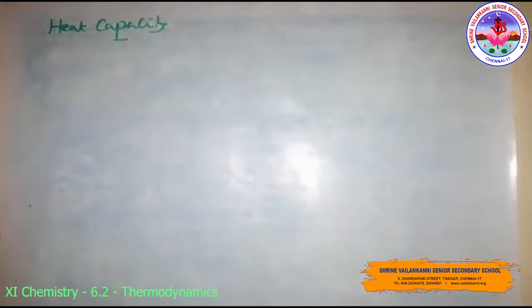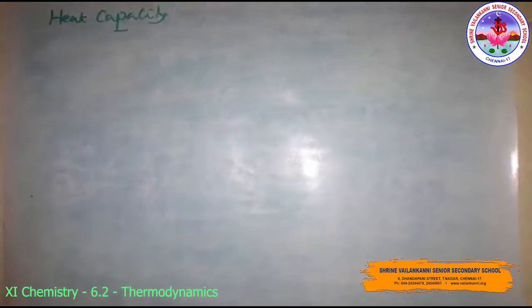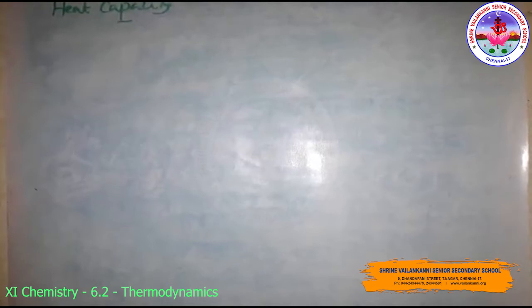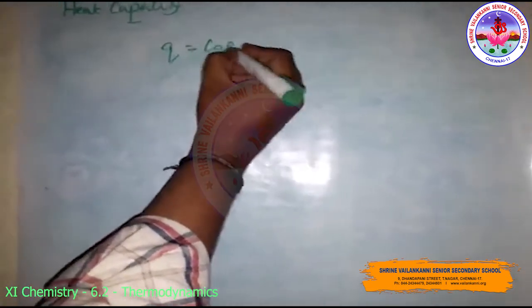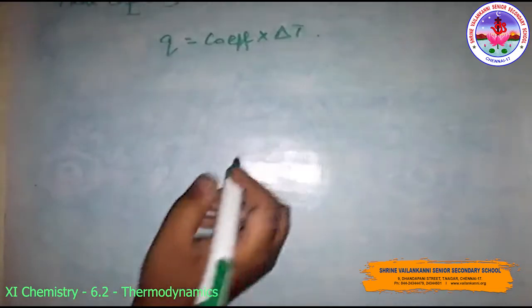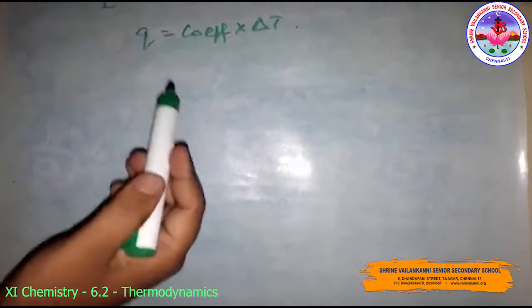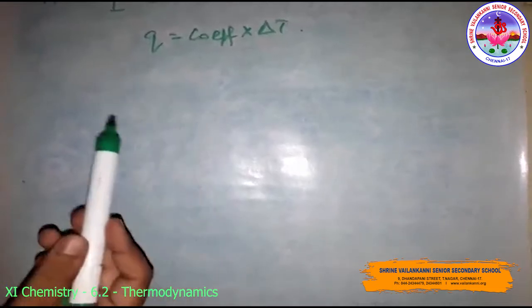Then heat capacity. The heat capacity is about how to measure heat transfer to a system. This heat appears as a rise in the temperature of the system. In case of heat absorbed by the system, the increase in temperature is proportional to the heat transferred, that is Q is equal to a coefficient into delta T, the change in temperature. The coefficient depends on the size, composition and nature of the system.